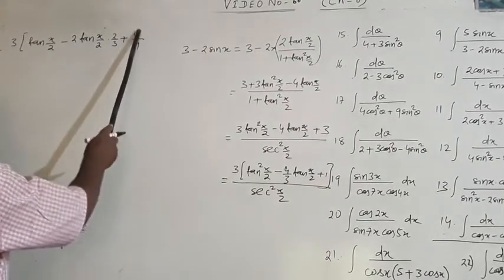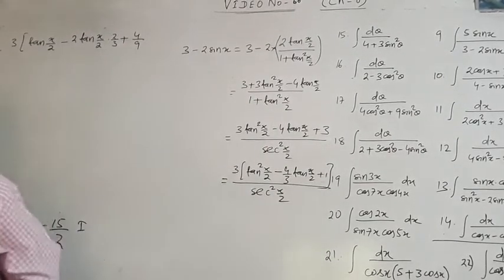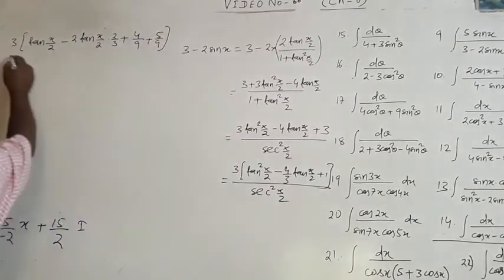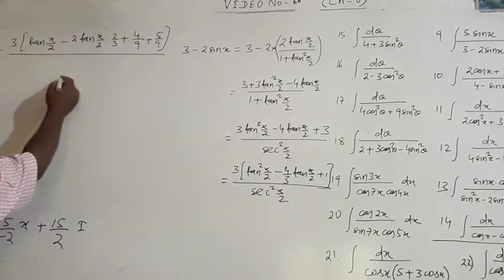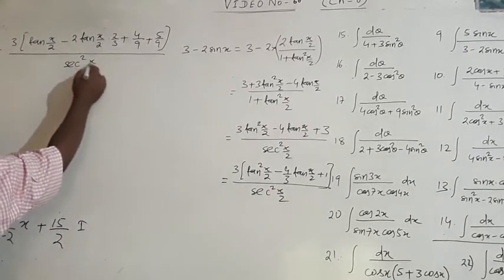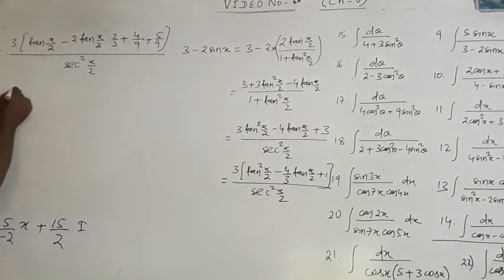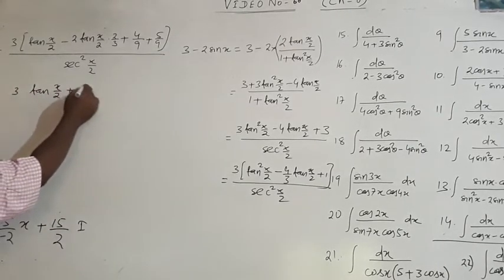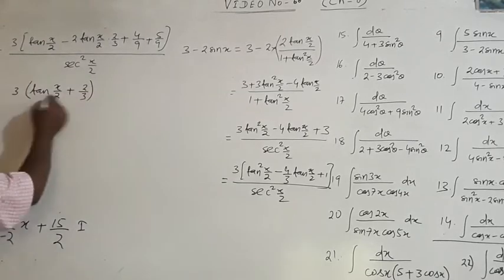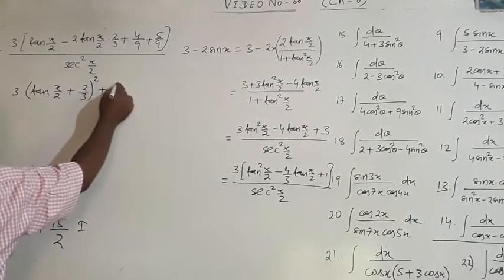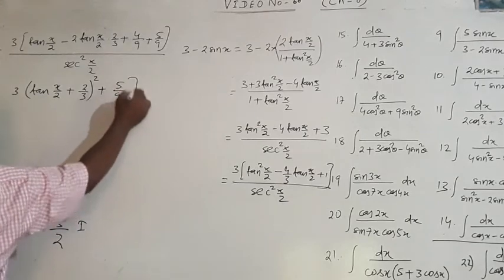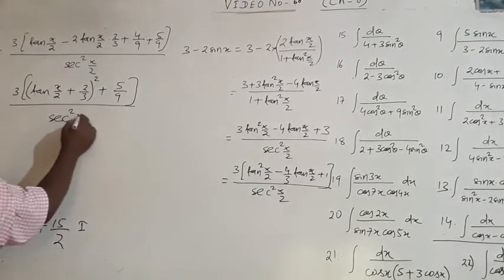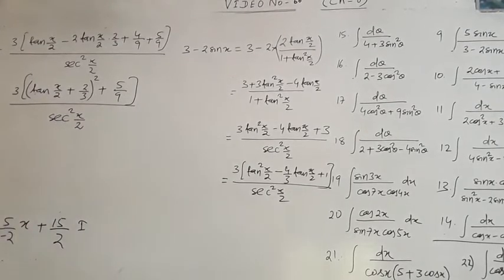What we will add to 4 by 9 so that it will be 1? It is simply 5 by 9, because 1 is 9 by 9. By sec square x by 2, it is 3 tan x by 2 plus 2 by 3 whole square plus 5 by 9 divided by sec square x by 2.